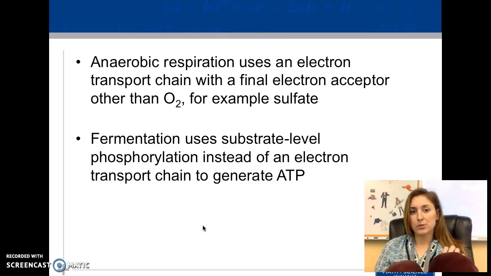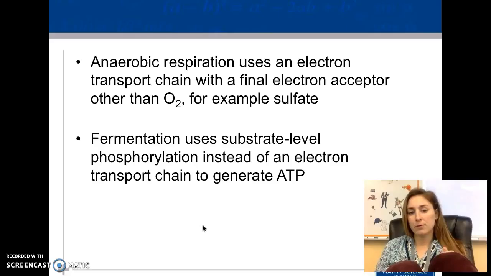Anaerobic respiration uses an electron transport chain where the final electron acceptor is something other than oxygen. And so the excited electron that normally would split the hydrogens off is fueled by something other than oxygen.